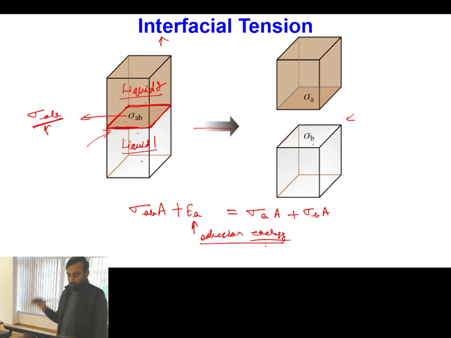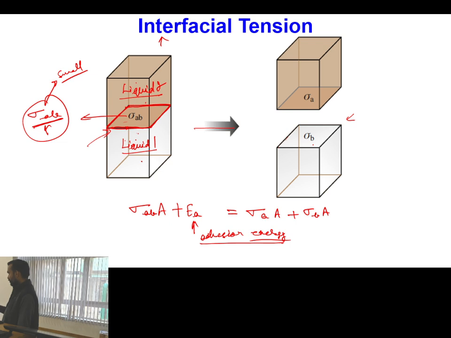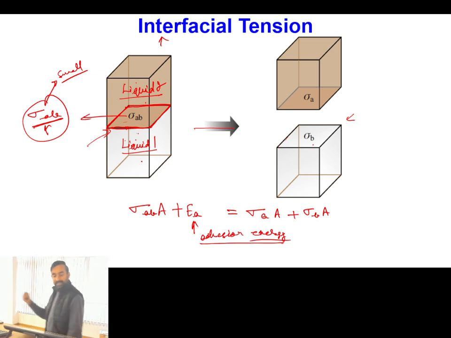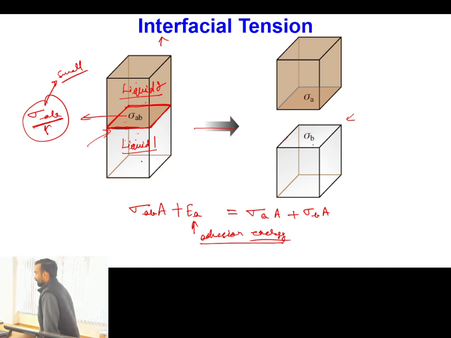Now for the majority of liquid combinations, if I have one liquid in the presence of another liquid, the value of sigma AB will be very small in comparison to the surface tension. So typically the interfacial tension is of smaller magnitude than the surface tension. However, the estimation of interfacial tension is a challenging task.